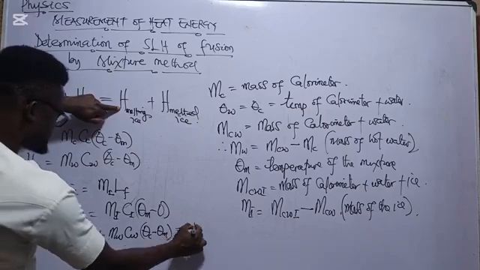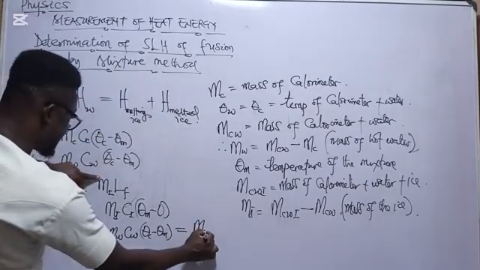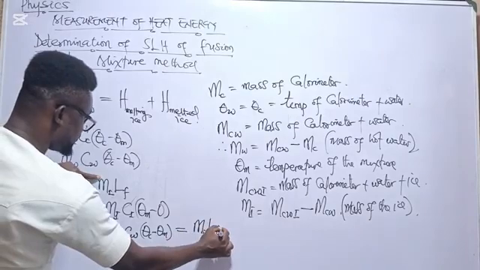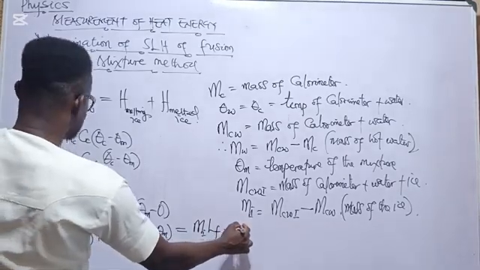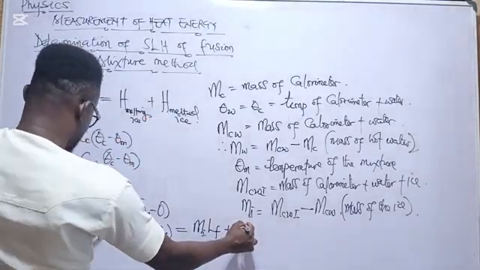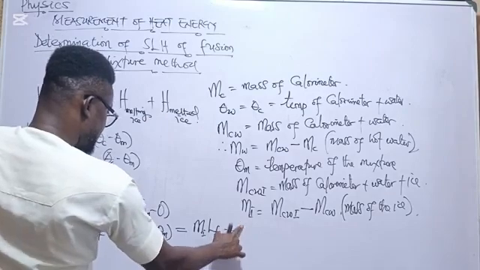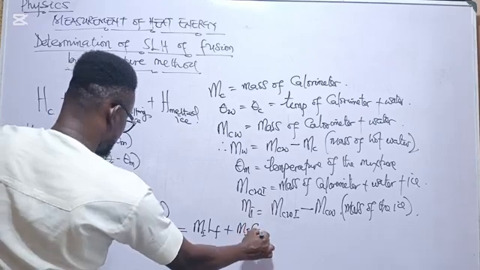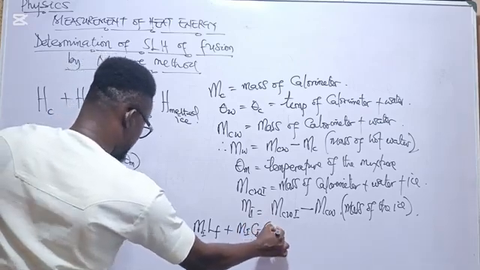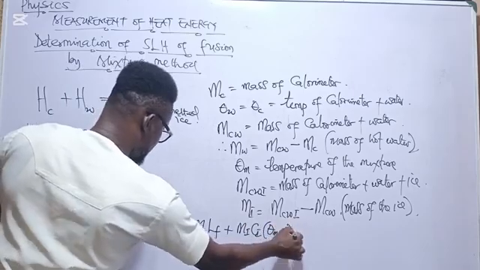So we have mass of the ice, the latent heat of fusion. So here we have again the heat of the melted ice, which is mass of the ice, specific heat capacity of the ice, then the temperature difference.